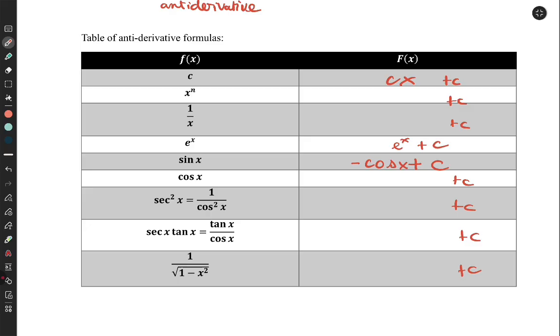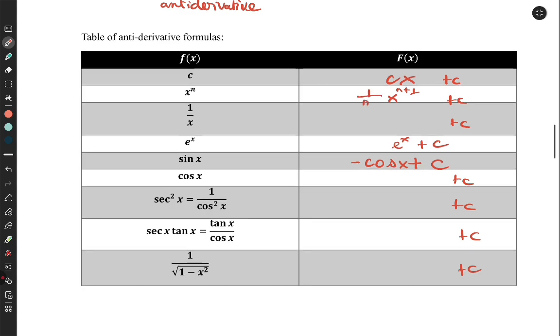X to the power n plus 1. Correct. Anything else? 1 over n plus 1. These two numbers are the same, right? Plus 1. Plus 1.